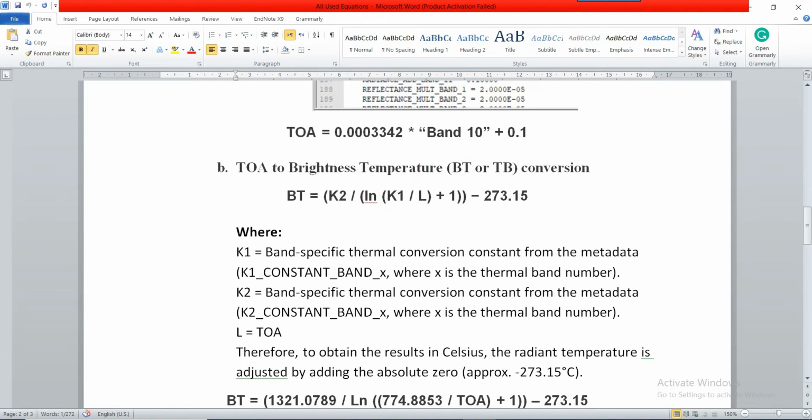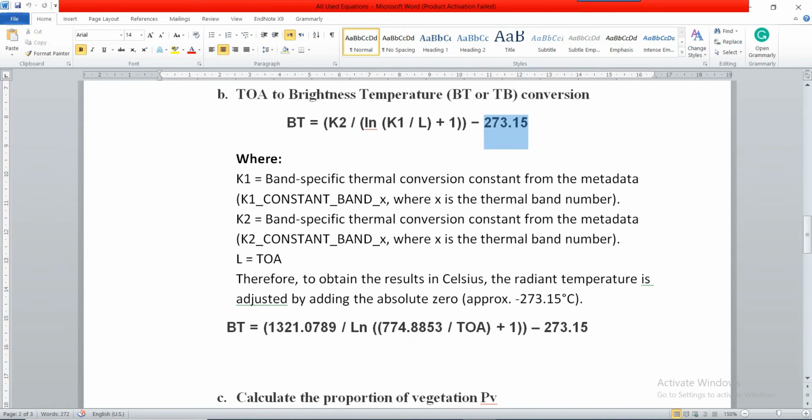K1 and K2 are constants inside the metadata file, and L represents the TOA that we calculated recently, and we have this value, which is converting the absolute value to the Celsius value.